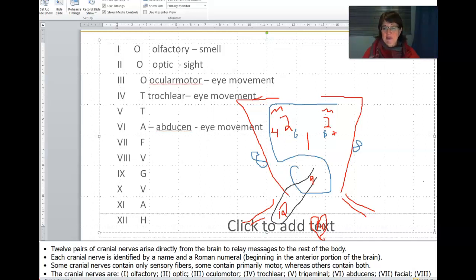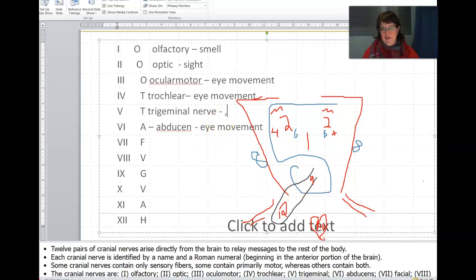Okay. Number 5. We put number 5 around the face, and it's got 3 parts, the over, the down, and the around. So I can remember that that is the trigeminal nerve. And we went around the forehead and the side and around the mouth. So that has to do with taste.